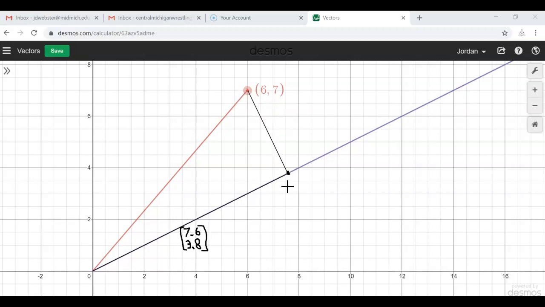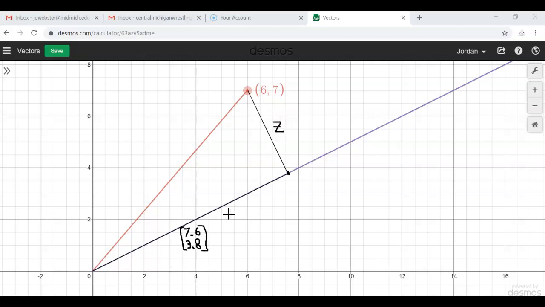And then this vector here, if I would have started it at the origin, obviously I moved it up here for visual reference, but if I would have started it at the origin, it would have gone to the left 1.6 and up 3.2. Okay, so that's the vector negative 1.6, 3.2. That's my vector z.